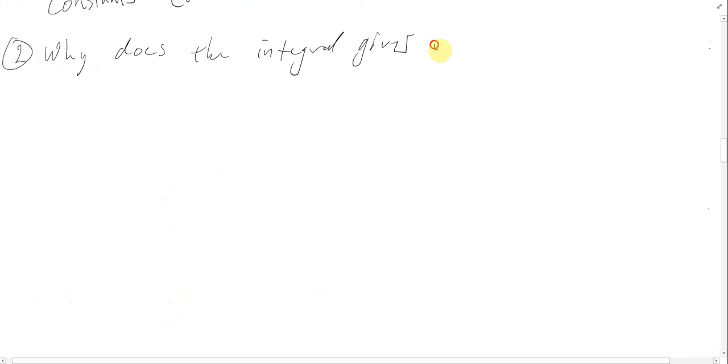Okay, very, very last thing. Another question that many of you may have. Question 2 is, why does the integral give you the area? Why, oh why is that the case?